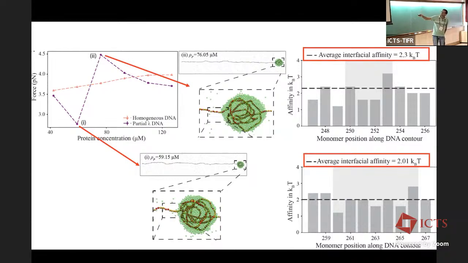And that leads to this sharp change in forces. So in other words, base pair level stuff is impacting the amount of force that you are imparting on kilobase pair long DNA. Very local changes can have really large scale effects.